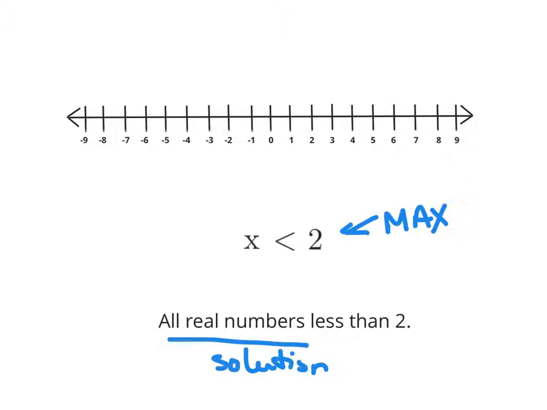So I'm using a less than symbol, and I'm going to draw an open circle at 2. Because my solutions are less than 2, all of my solutions need to be to the left. The solutions do not include the number 2.